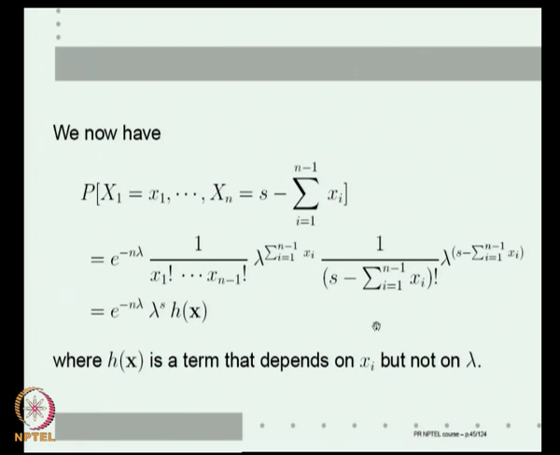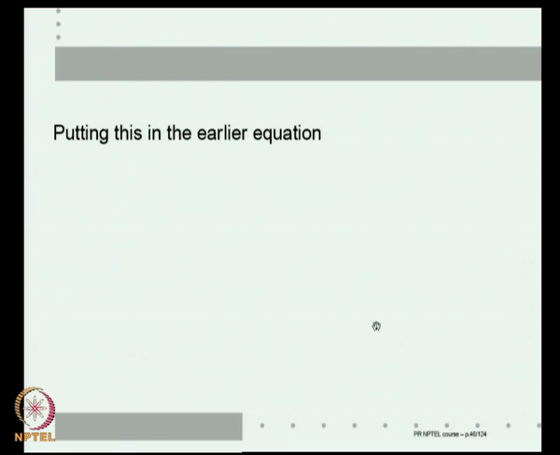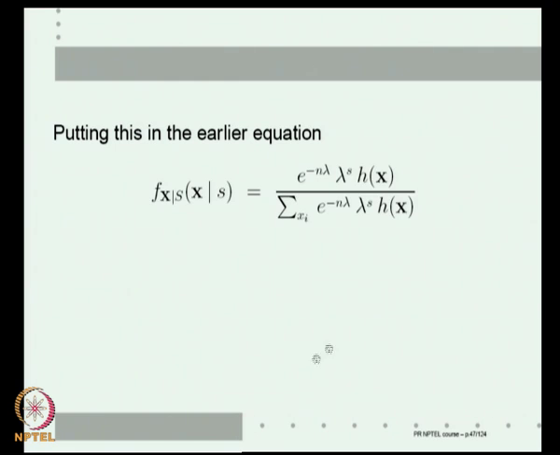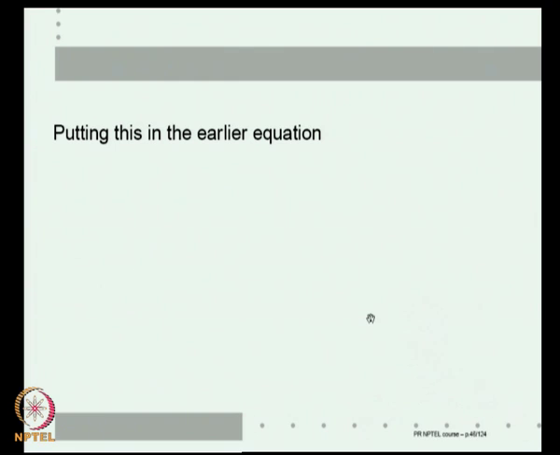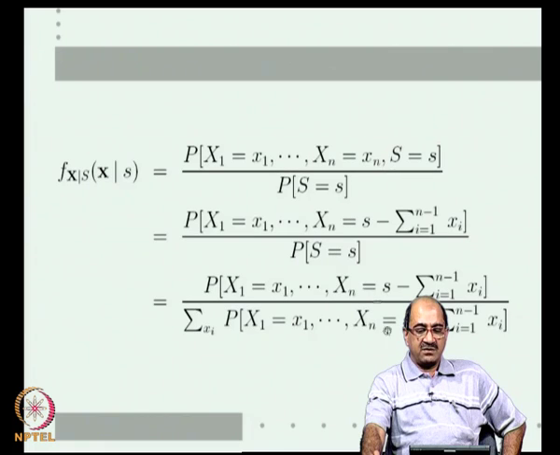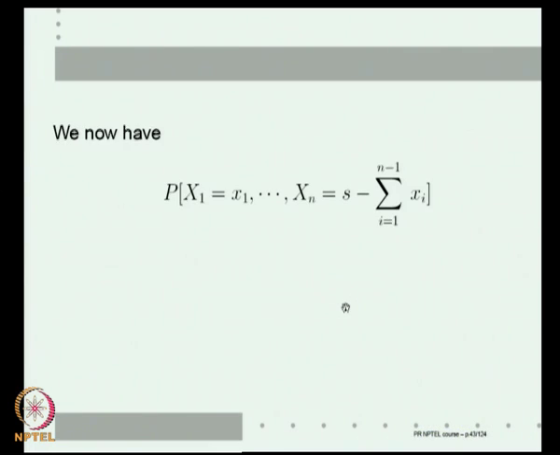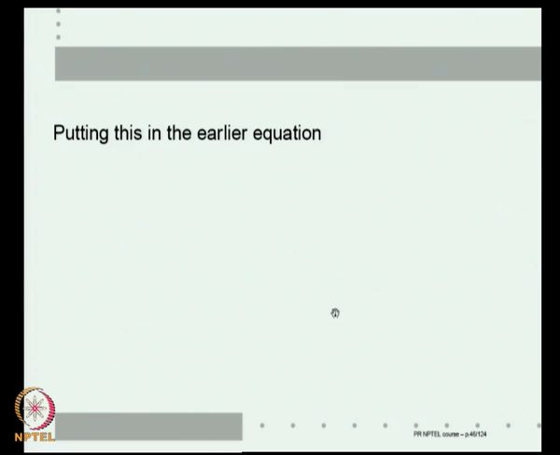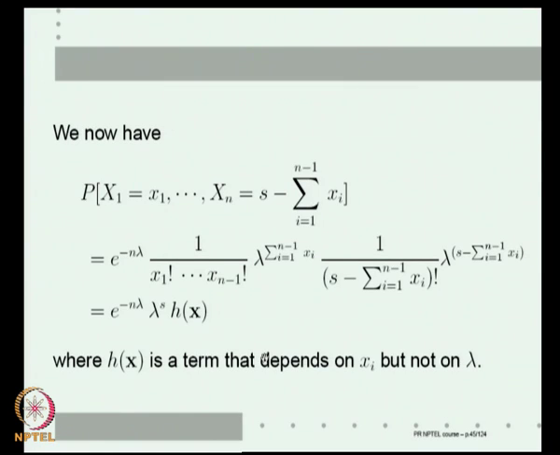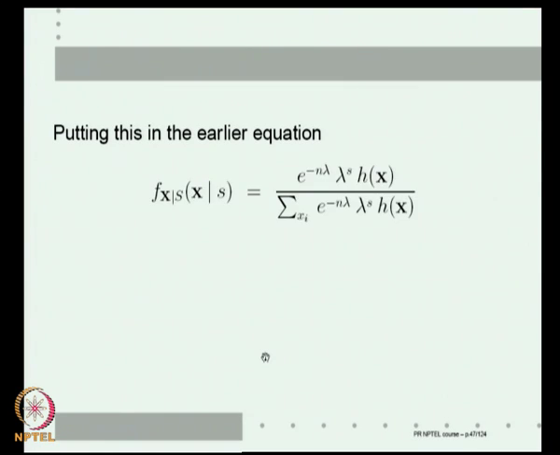Okay. So, now let us put that in the previous equation. So, I get my previous equation was this. So, I substitute both in numerator and denominator for this value. This value is this. So, if I substitute that in both numerator and denominator, I get e power minus n lambda, lambda power s into h(x), where bold x is actually x1, x2, xn, and some more xi of the same thing.